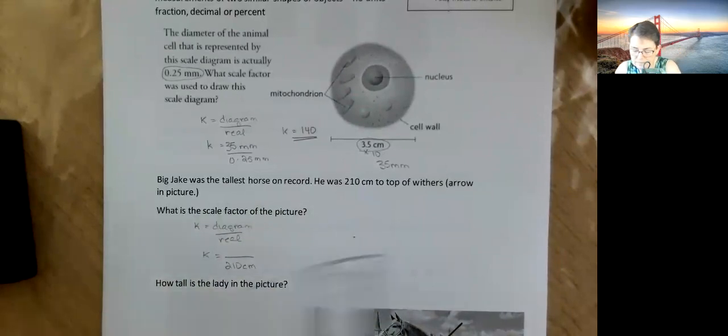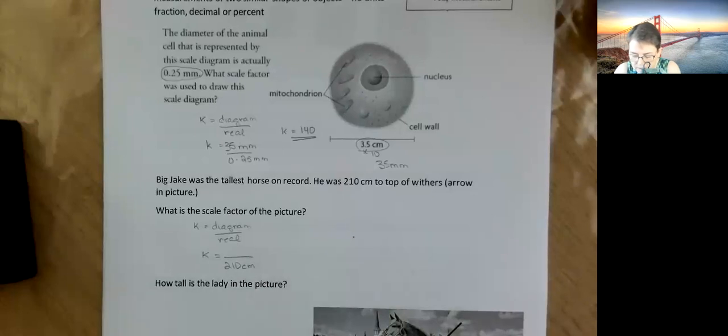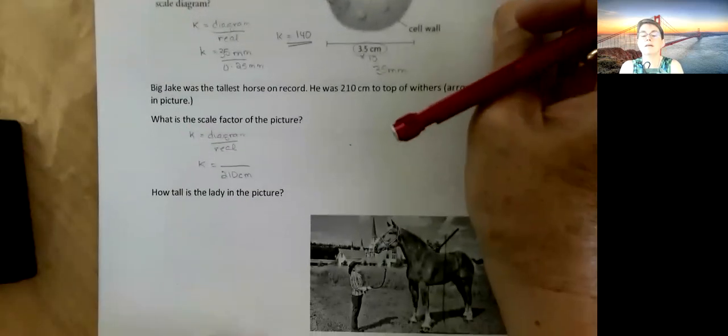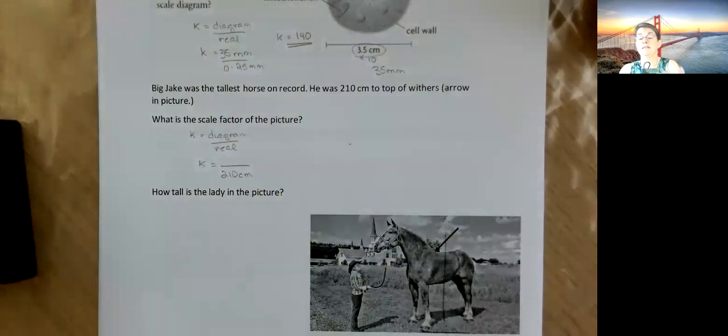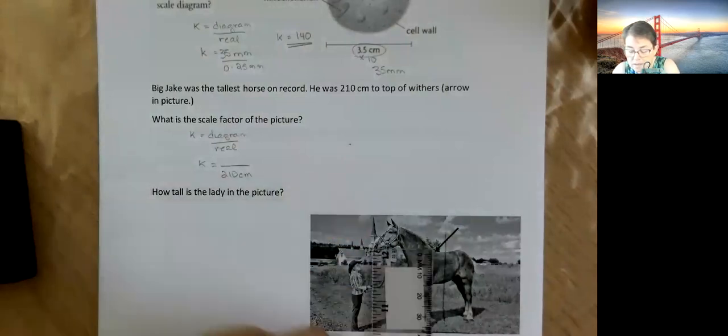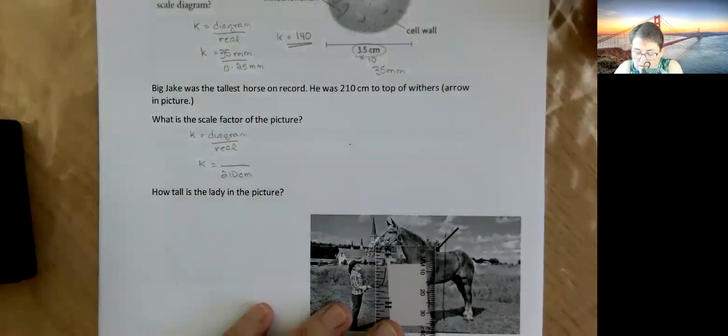Now this is not a great picture because it's at a bit of an angle, so I'm going to choose this spot and measure down to here. I did look for a picture of Big Jake standing square to the camera. I couldn't find one. So from the arrow to the line, which is where his foot is.